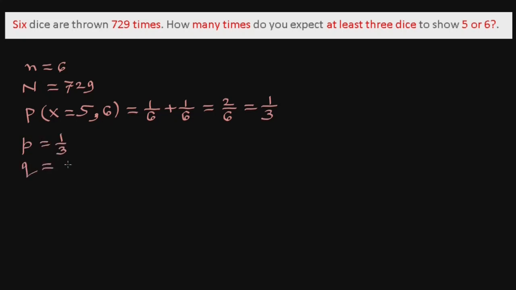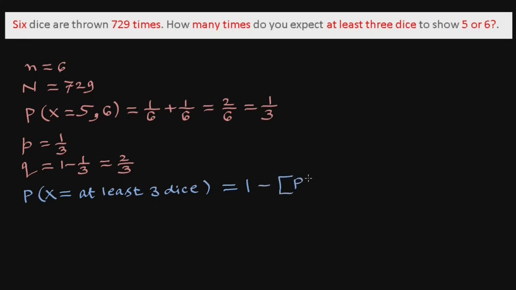Q will be 1 minus 1 upon 3, 2 upon 3. We have to find the probability of getting at least 3 dice showing 5 or 6. So we write P of x at least 3 will be 1 minus probability when x is 0 plus probability when x is 1 plus probability when x is 2.